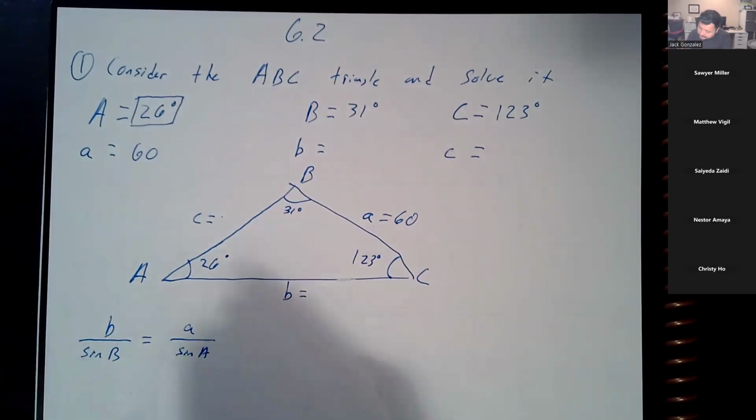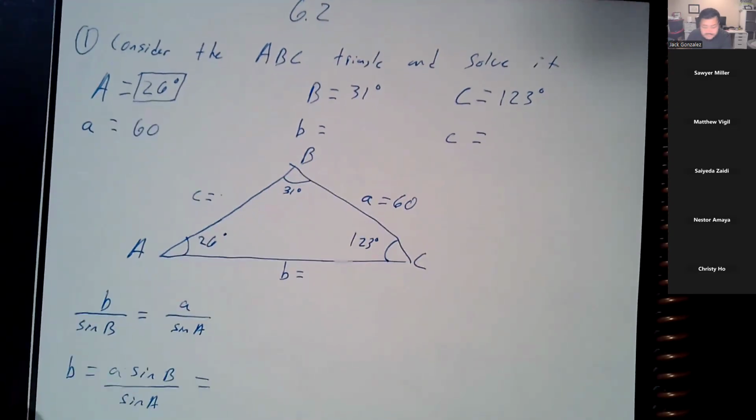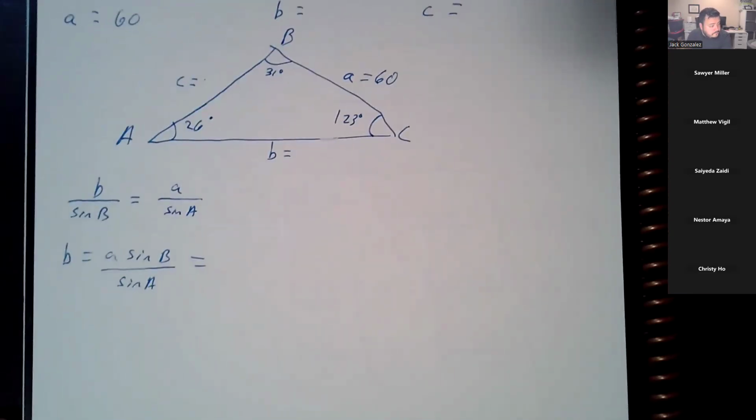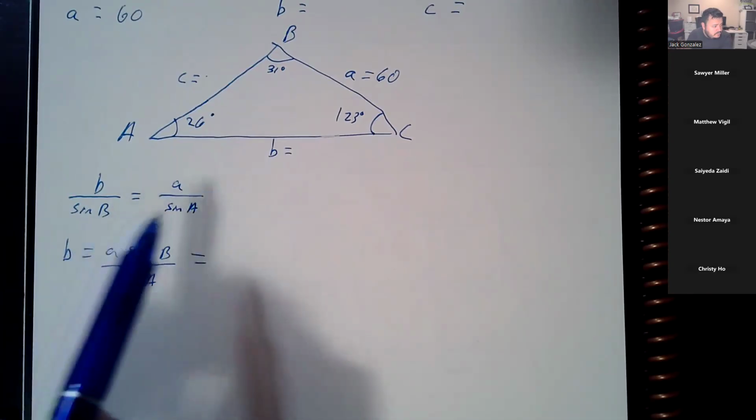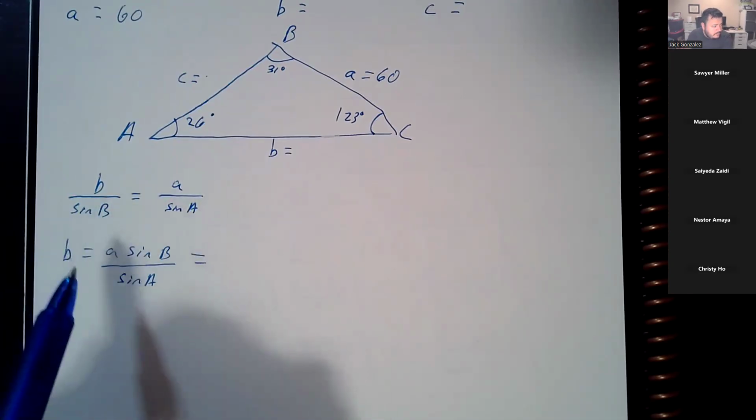So solve for B. I'm going to multiply both sides by sine B. That gets me to here. Then I'll just plug in your numbers and I'll have side B. Are you cool with me skipping the algebra here? Do you see how we got from here to here?